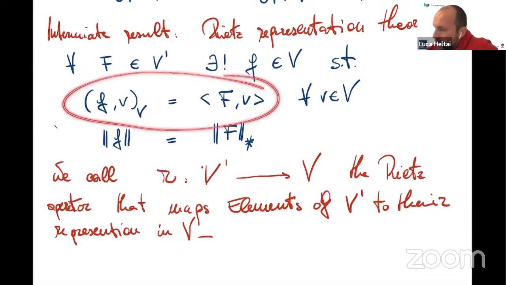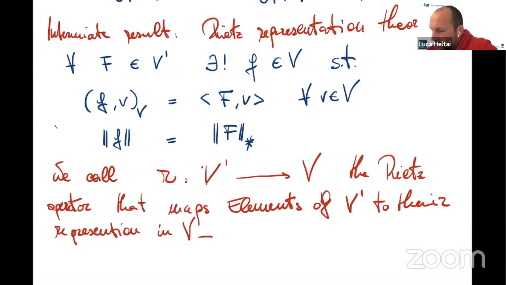Simply by solving this problem, in which you take the scalar product between f and any possible function v, and making sure that these are equal to all possible projections of capital F with respect to the function v, you get a way to represent every function in the dual space with functions in the primal space.